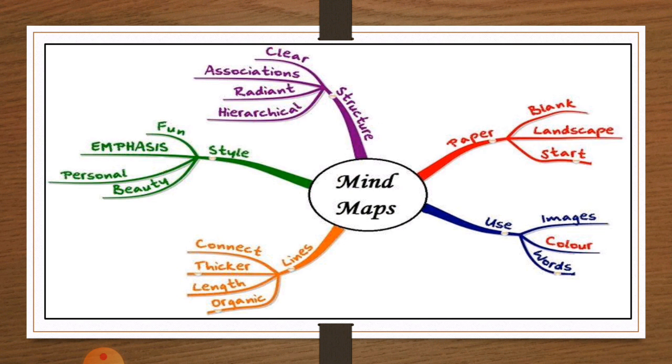Then use concrete thicker length and organic lines in your mind map pattern. You can use different styles, and your structure must be clear, showing associations, radiant and hierarchical. So you can use this template for mind mapping also.